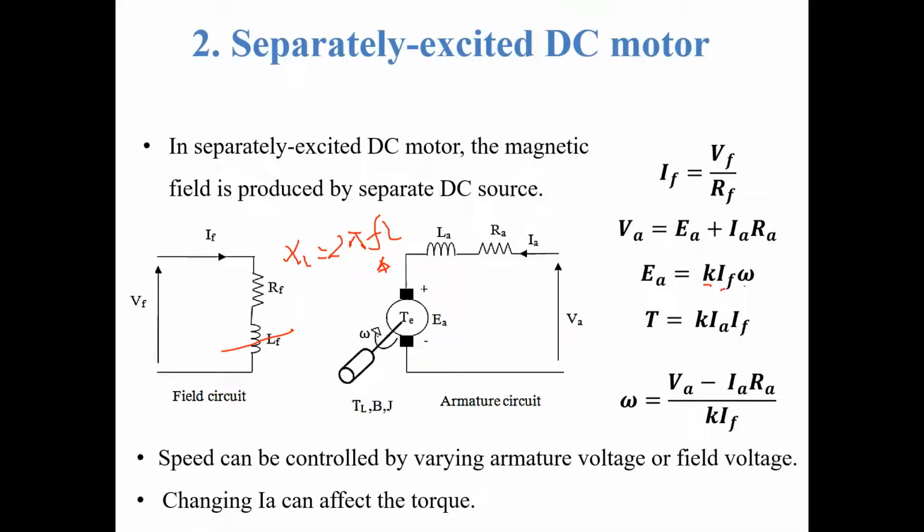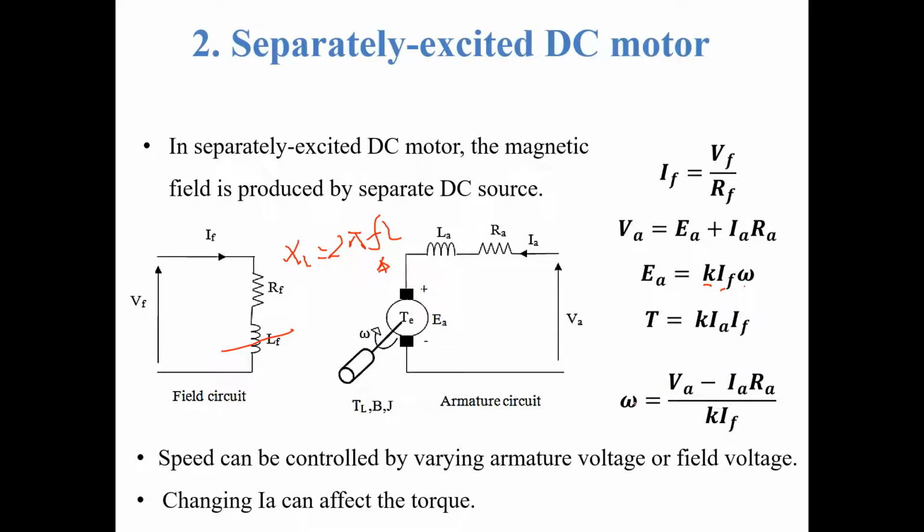And the torque, since this is a motor, we have to strictly focus on the speed and torque, because these are the two outputs, and armature voltage and armature current are the inputs. So the torque depends on the machine constant, the armature current, and also the amount of magnetic field, that means the field current IF.